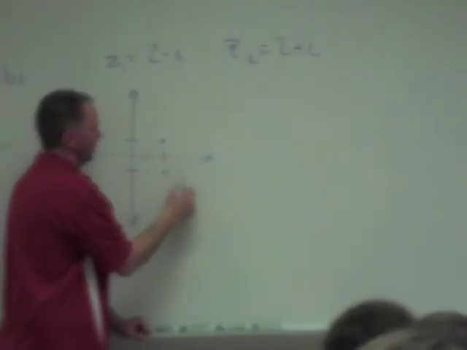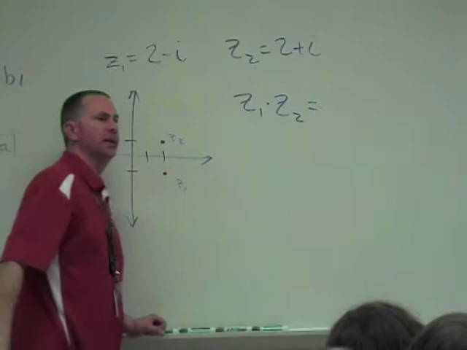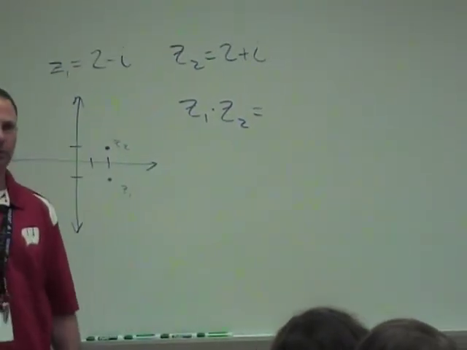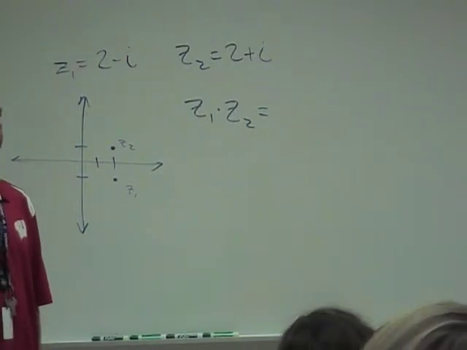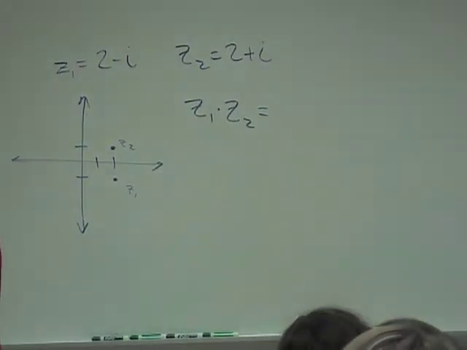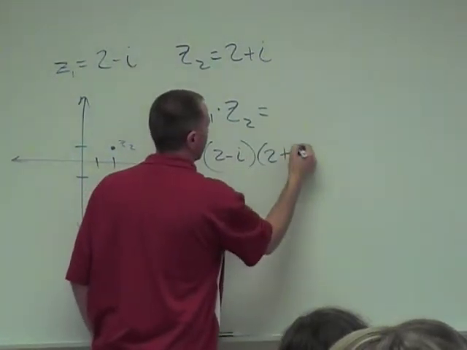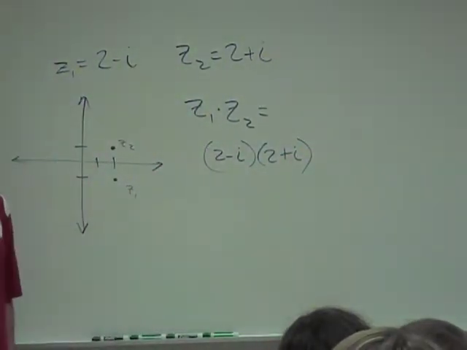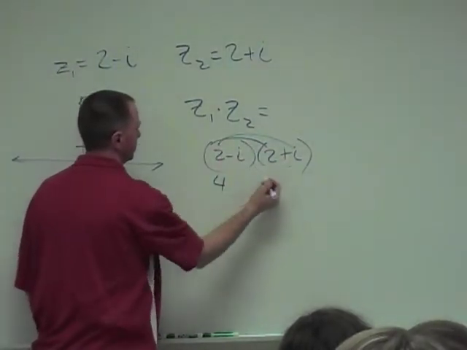So z sub 1, z sub 2. Well, how do I calculate z1 times z2? What would I do? 2 minus i times 2 plus i. And we've already done stuff like this many, many times. What do I get? 4, 2i.